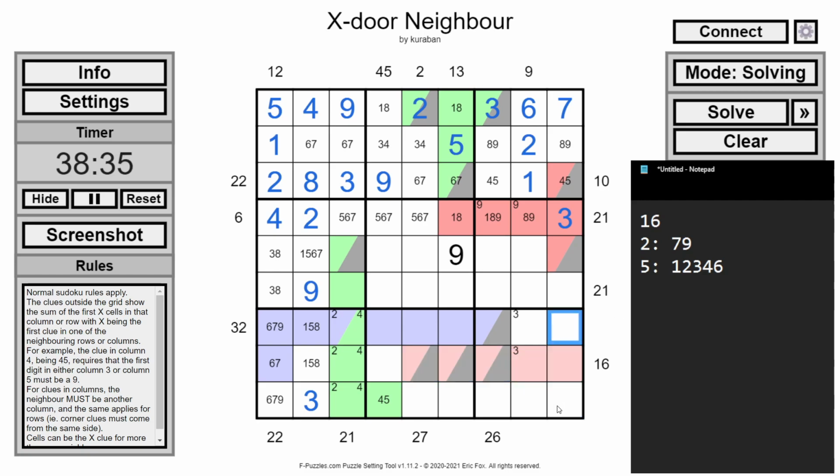I was thinking that the 5 would need to be on this line, so the 5x would also be effective. That's not true. And yet, in neither case is the x actually on the clue itself, or in the sum itself. So one of these is this, but it's a 2 or a 5. I don't know how to pencil mark that. Because like this would indicate something different. So I'll just remember that this is 2 or 5. Let's write pink 16, so I can remember that a little bit.